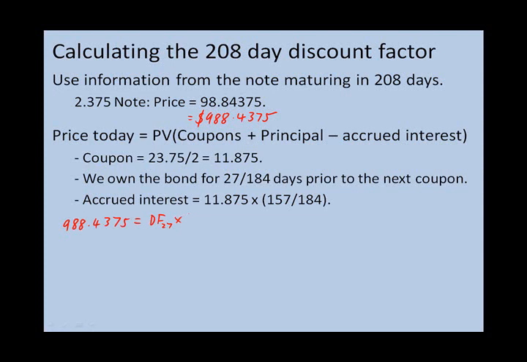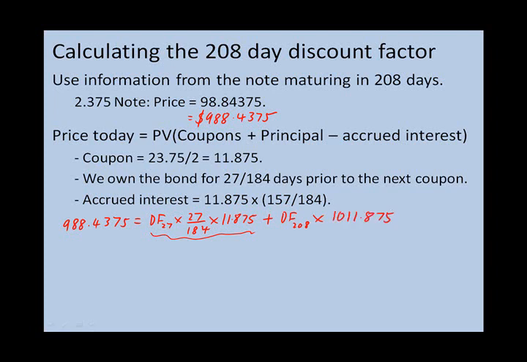Well, we're going to receive some of that coupon payment after we've subtracted the accrued interest. So that's what we're doing here, calculating the fraction we receive. This is what happens in 27 days, but we also then have to think about what happens in 208 days. And we have a discount factor for 208 days times the cash flows that we receive then. And we're going to receive par value of 1,000 plus the coupon payment.